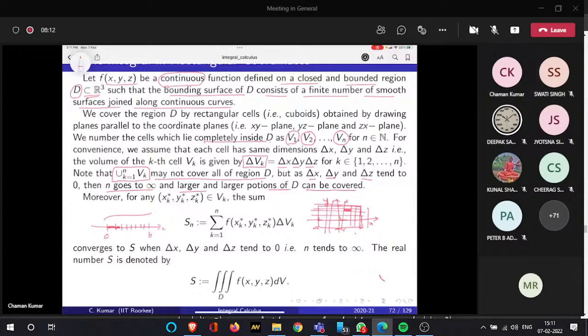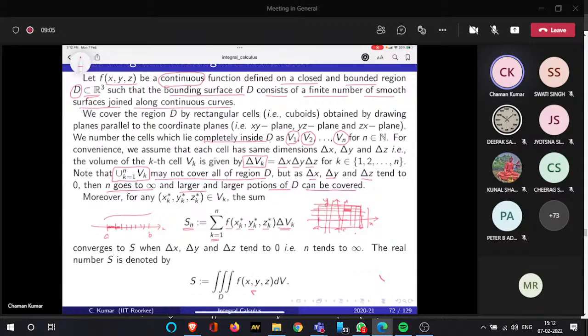Then you cover the entire domain D. And now you can define the Riemann sum as the value of the function at the point xk star, yk star, zk star, where the point lies inside the kth rectangular cell, times the volume of the kth rectangular cell, and then you sum over all the cells, that means sum over k from 1 to n. So this is how you construct the Riemann sum.